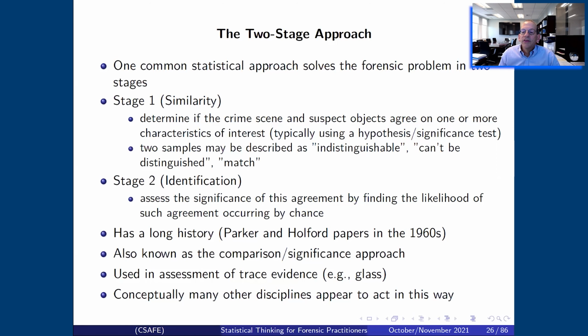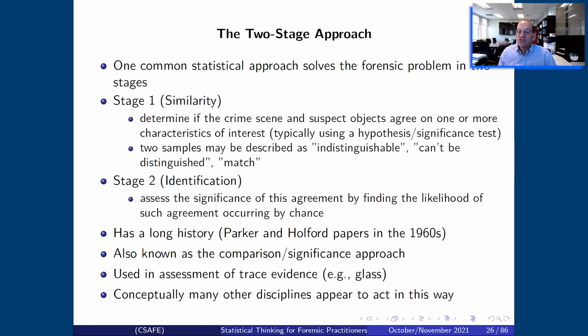Stage two is then, given this match, we want to know how likely could that have happened by chance? One way to think about this is if we're judging eyewitness identification and the car color comes up and the eyewitness says the color of the car is white and then the suspect is found and has a white car.